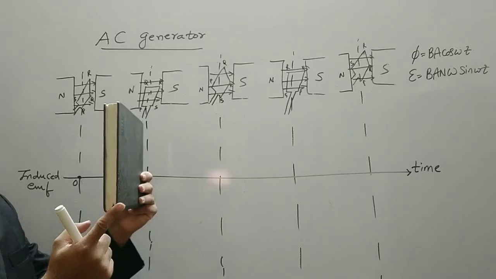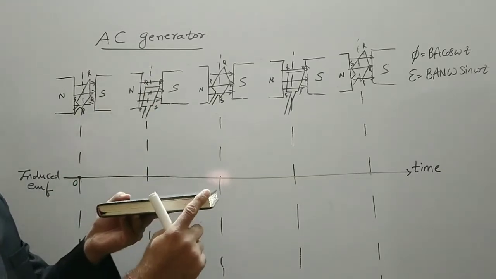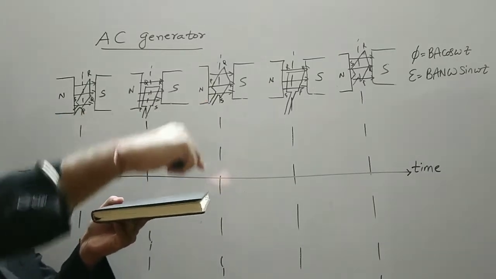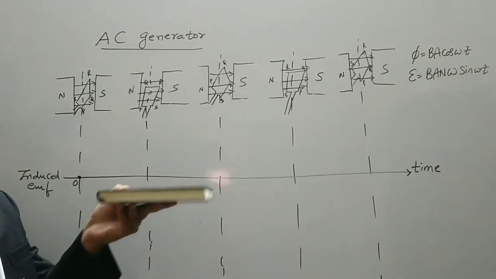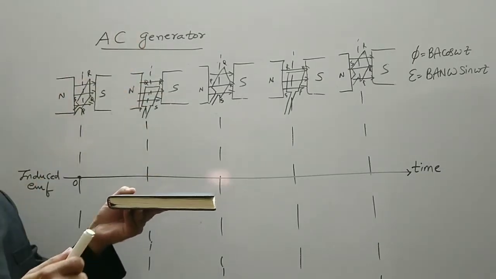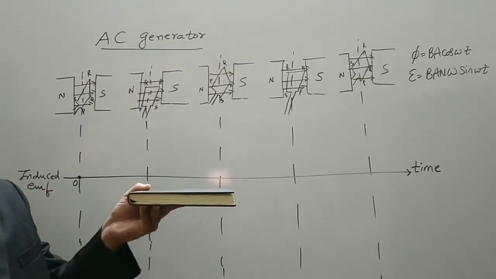Now after 90 degree, this is the situation. This is your S. So P, Q, R, S. Now the flux is minimum. You see the area vector and magnetic field are at 90 degrees, so cos 90 is 0 and sin 90 is maximum.